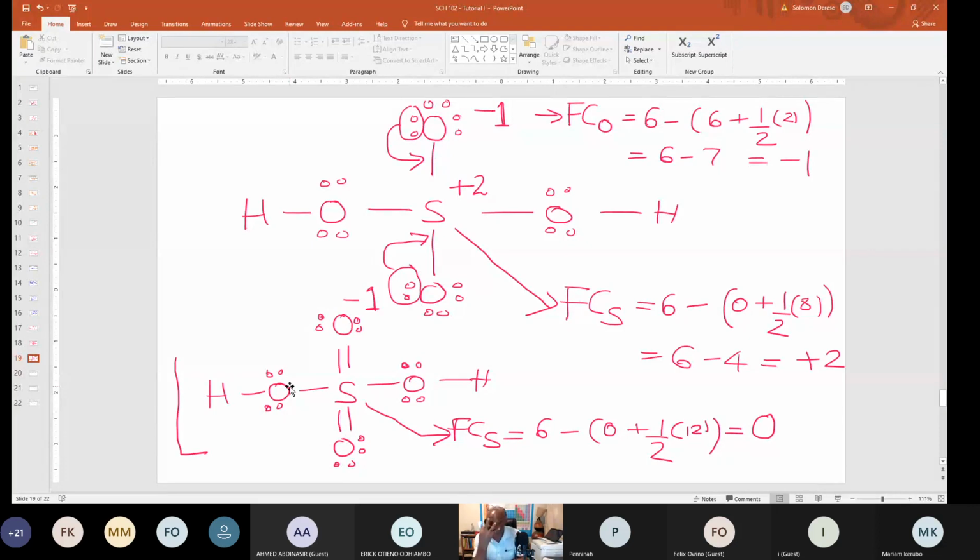So the net negative charge on the oxygen will be only -1/3. But if the structure was the first one, the negative charge on that oxygen will be -1. The first one, the oxygen will be fully negatively charged. In the second one, the oxygen will have a -1/3 charge.